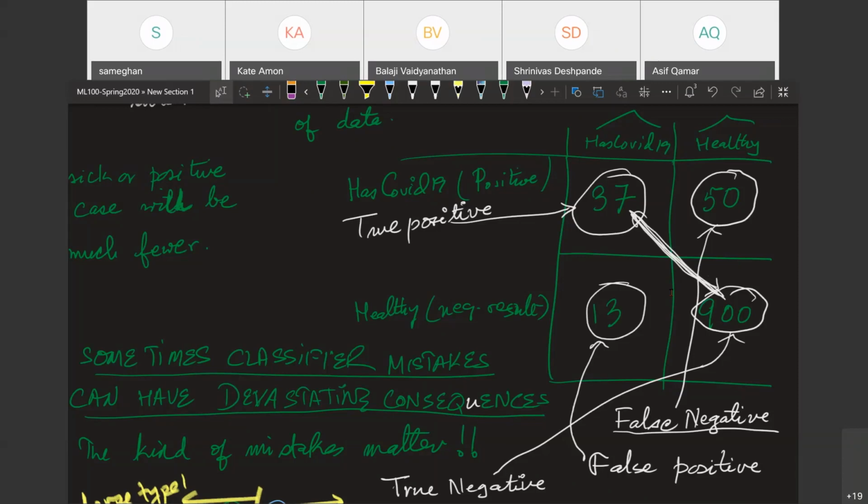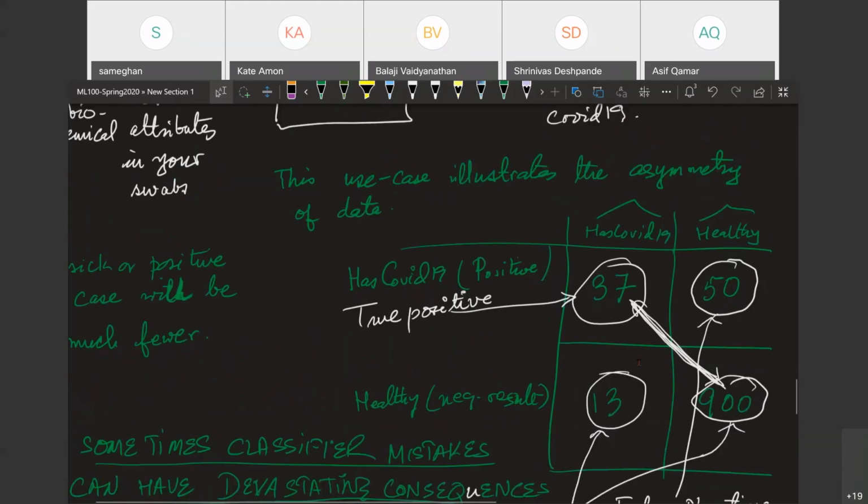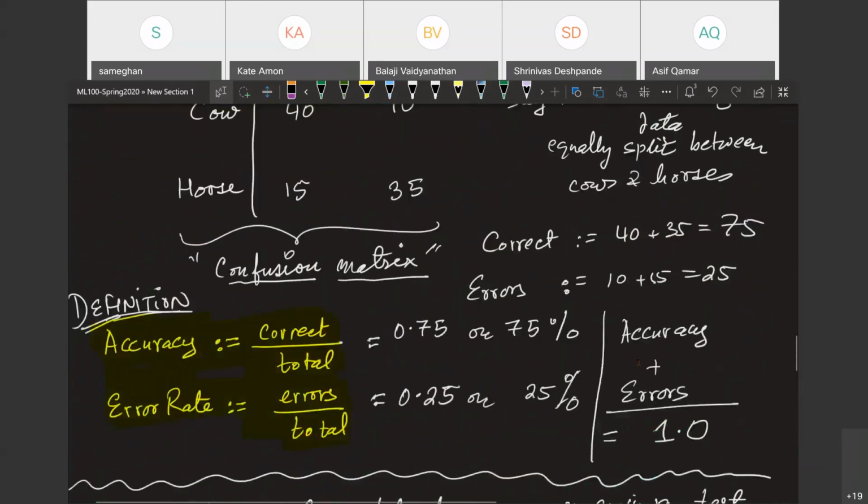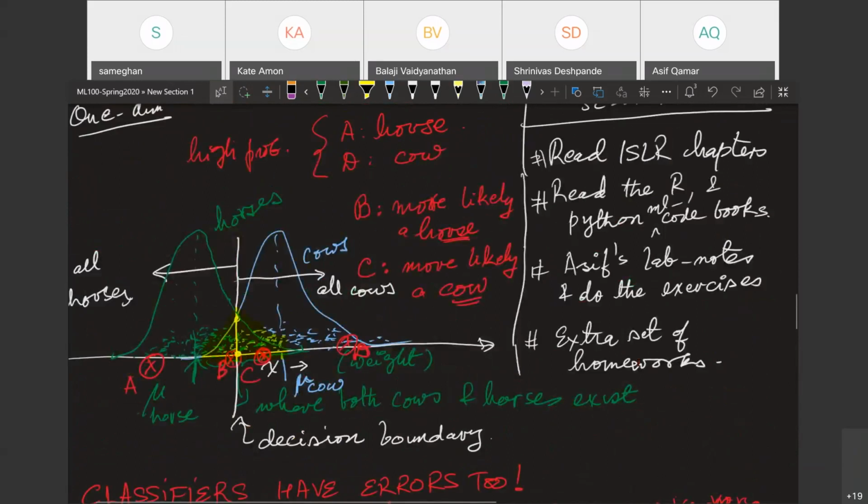Let me illustrate that with an example. Suppose you have this situation. Let us say that horses are 10 times more expensive than a cow, which perhaps is true in this country. Or let's say that horses are 10 times or 100 times more expensive.